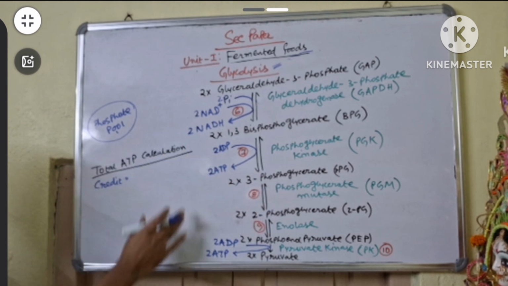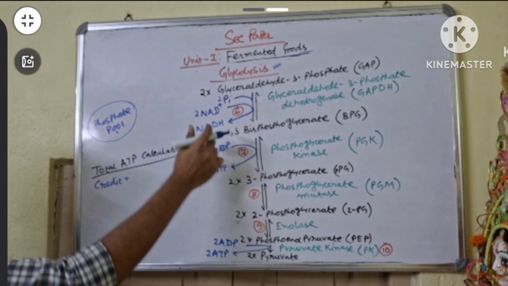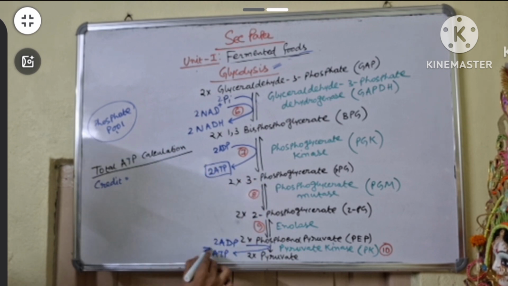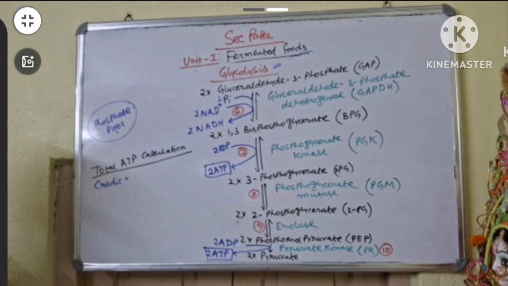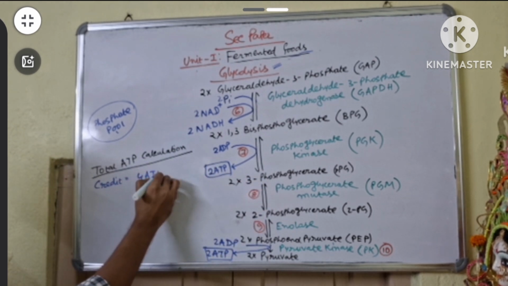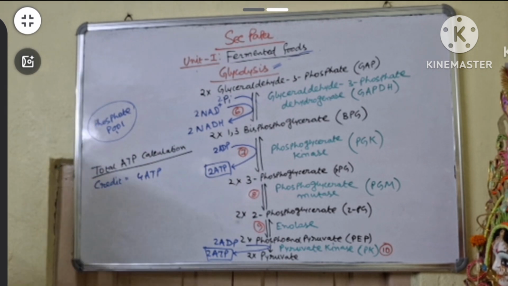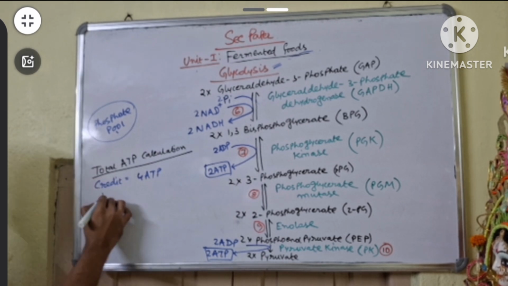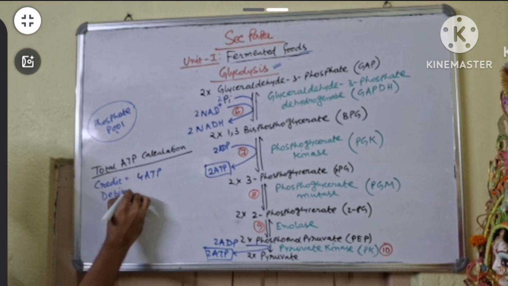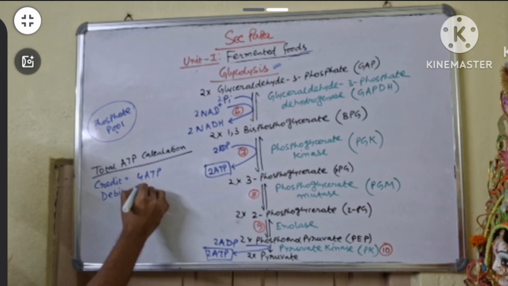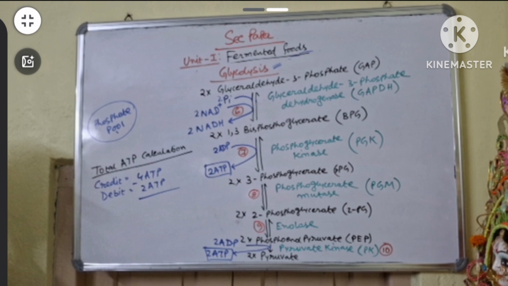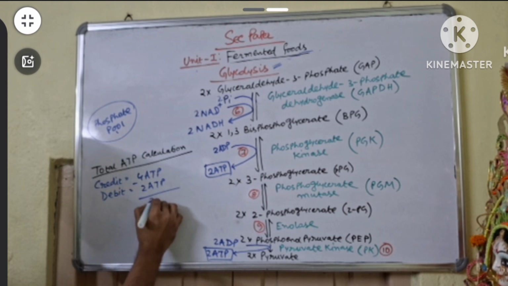Credit occurs in the last half, where 4 ATPs are generated, 2 ATP and 2 ATP. That is the credit amount, 4 ATP, and the first half, the preparatory phase, is a debit, that means it needed ATP. So 2 ATP minus, so the total ATP after glycolysis is 2.